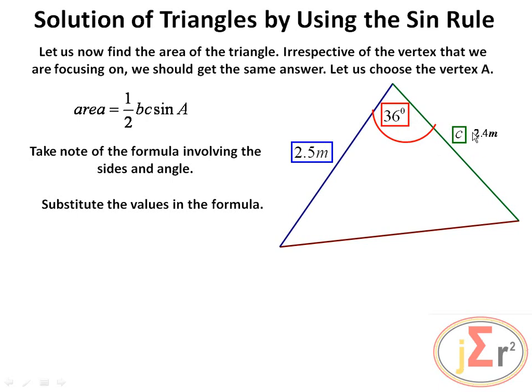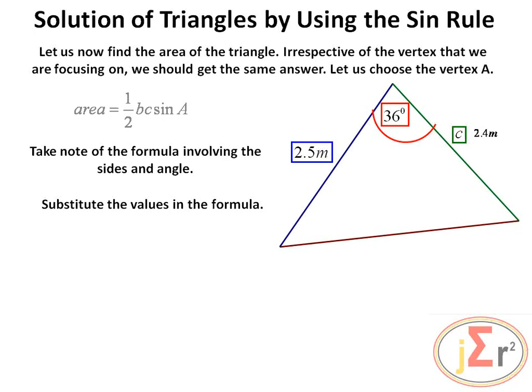Of course, the other side, which is 2.4 centimeters, is not very horrible. So our process should not be too tedious, especially in manipulating the digits. So the area is half BC sine A that we are going to be using. And of course, we do not have to use a formula because we know that the area is half the product of two sides multiplied by sine of the angle that the two sides form on a vertex.